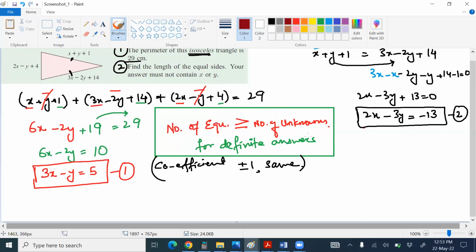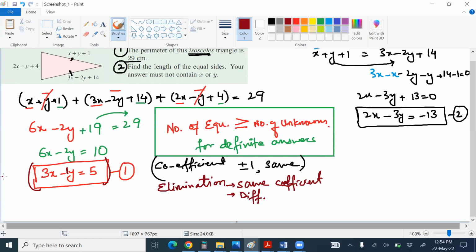As you can see here, y has a positive negative 1 coefficient. So if I just multiply this equation, I can get the same coefficients. Now the trick is for elimination method, whichever you are choosing as your target variable to be eliminated first, it should have the same coefficients and different signs. I can see this is negative and this is also negative.